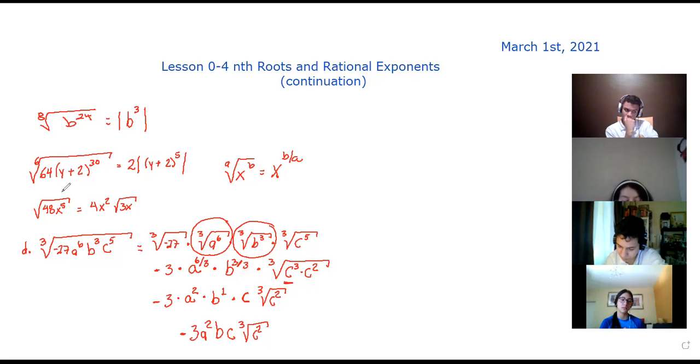So that's why you don't use the absolute value. You work with the absolute value when both powers are even and the answer that you get is odd. In this case, the index is 3. 3 is odd. Okay? So you don't have to use the absolute value.